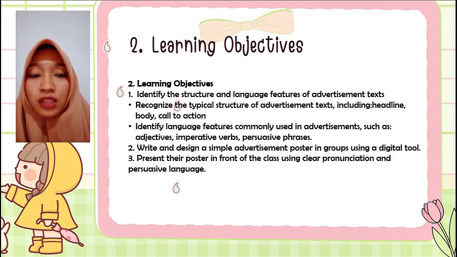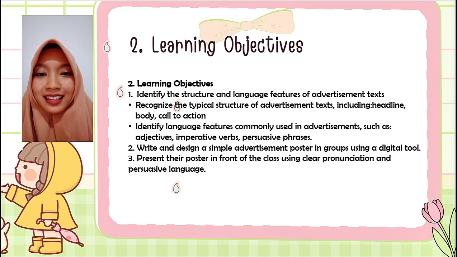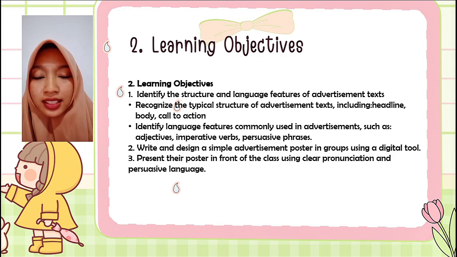So I want them to collaborate in small groups to write an advertisement text based on the features and structure they have learned before. And then I want the students to use appropriate language to make the advertisement poster, such as they have to know how to persuade in the poster, and how to use the vocabulary in the correct way.